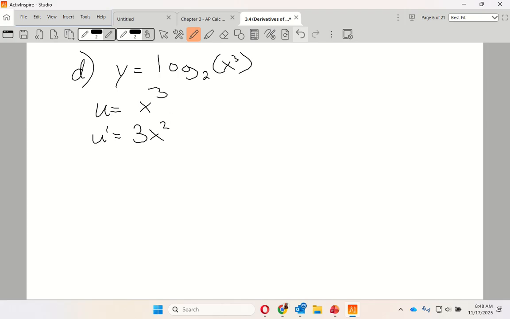Then I rewrite the problem. y equals log base 2 of u.